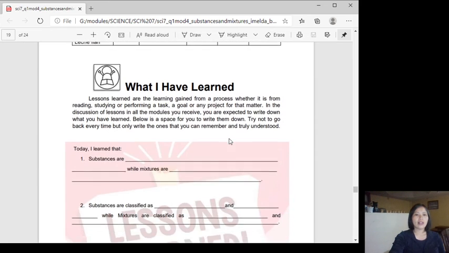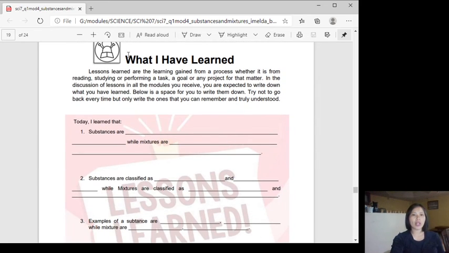After that, you tell me what you have learned. Today, I learned that number 1, substances are blank. You define what are substances. And then mixtures are blank. What are mixtures? It's defining substances and mixtures.